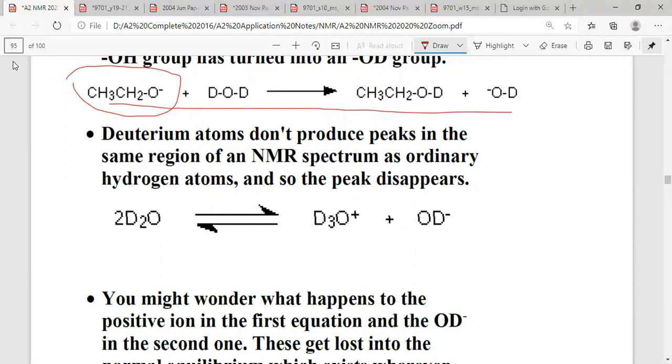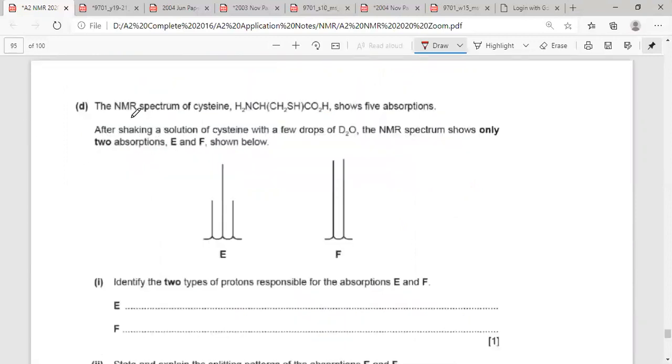All right, now here, the NMR of cysteine. This is the amino acid. I draw it for you here. Those who have curly hair will have this cysteine.